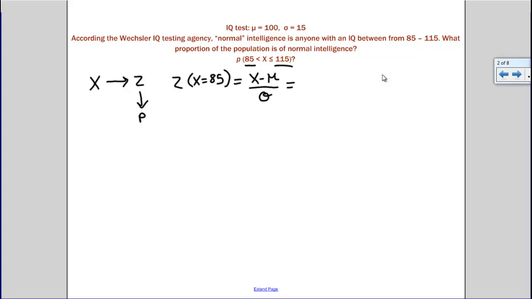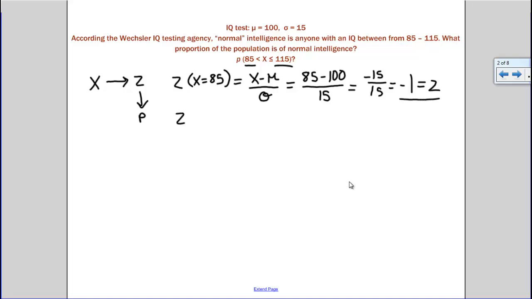So the first one, 85, that's our x in this case, and our mean is 100, and our standard deviation is 15. Well, you can already see we're looking for one standard deviation above and below, but I'm going to do the calculations anyway, just to show you the process. So 85 minus 100 is negative 15, divided by 15, negative 1 is our first z-score.